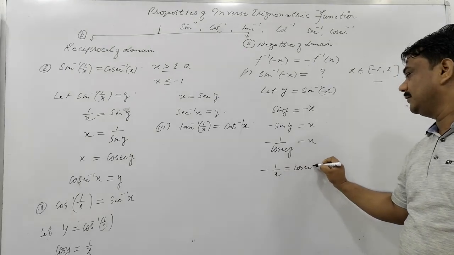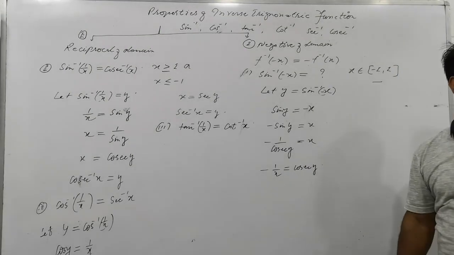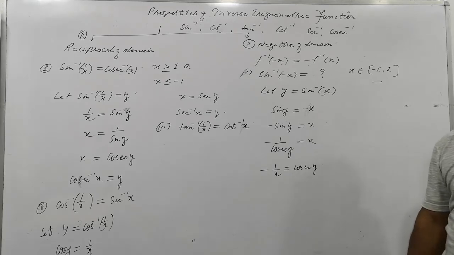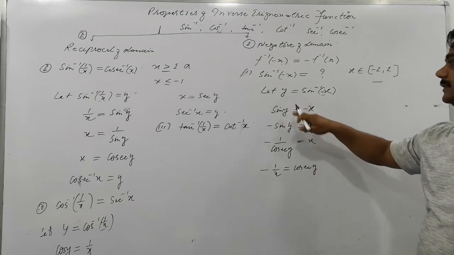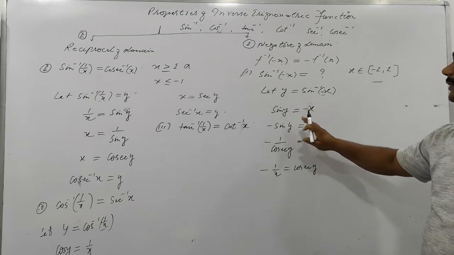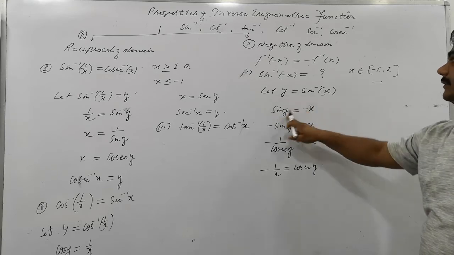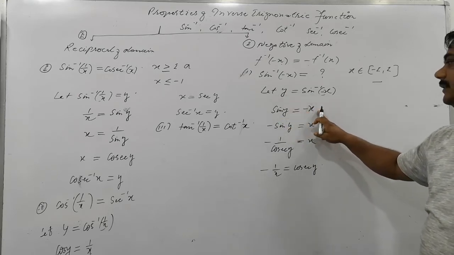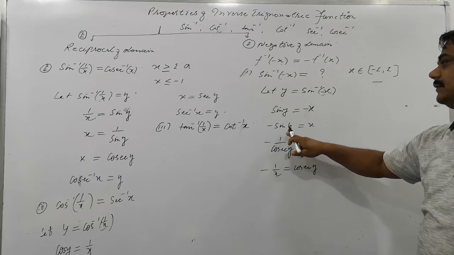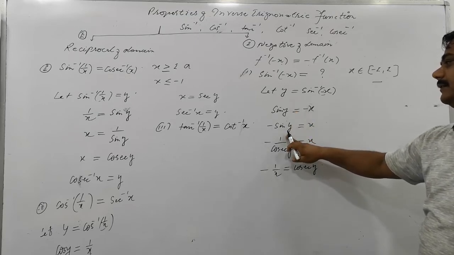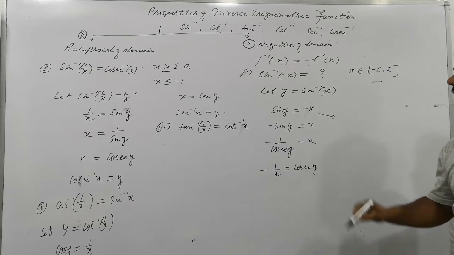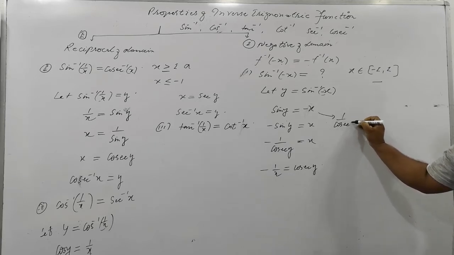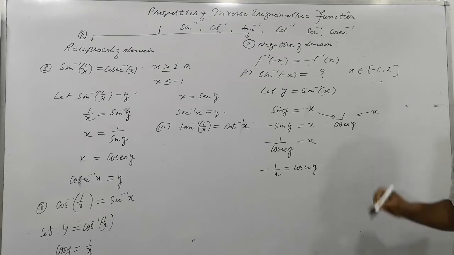Clear? Sorry, I made a mistake: sin y is equal to minus x. Correct. And it can be written as 1 by cosec y. There are two ways here: 1 by cosec of y is equal to minus x.